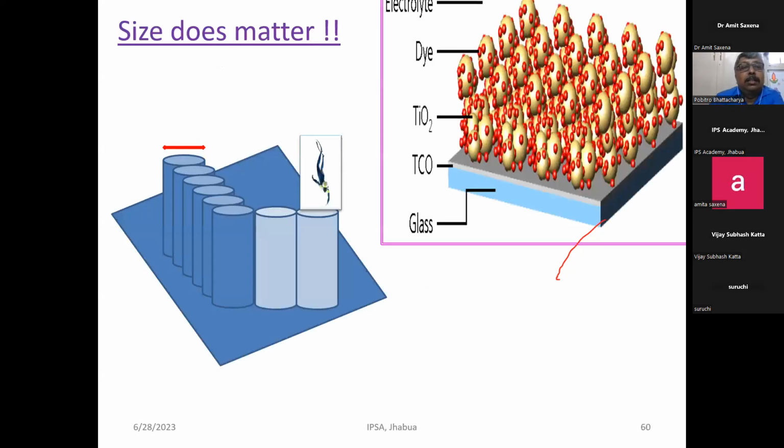I believe that the size of the cation does matter, because it should be something that can go easily inside and come up, and therefore the size of the cation should not be much larger. A bigger cation may sit on top of these channels and create a large solvation crowd, and the band bending of the oxide semiconductor may get affected. Therefore, one should look for a smaller cation in the polymer electrolyte.